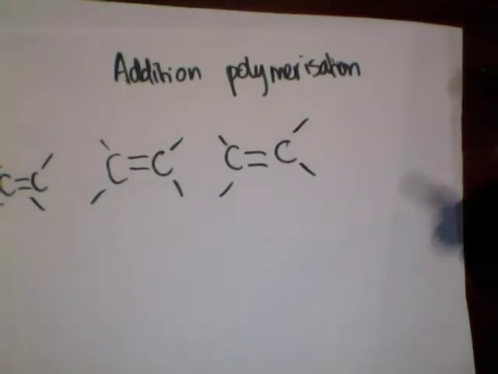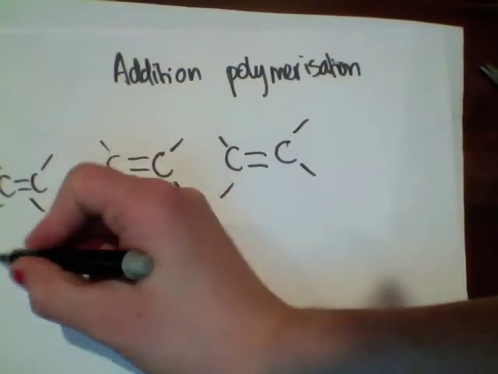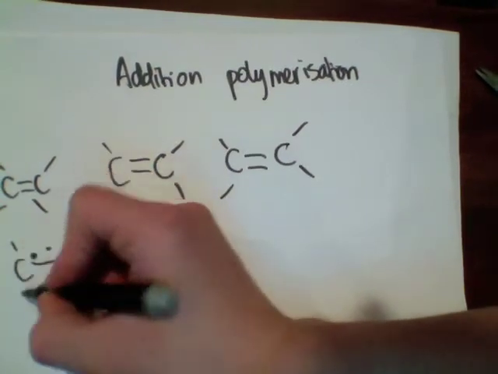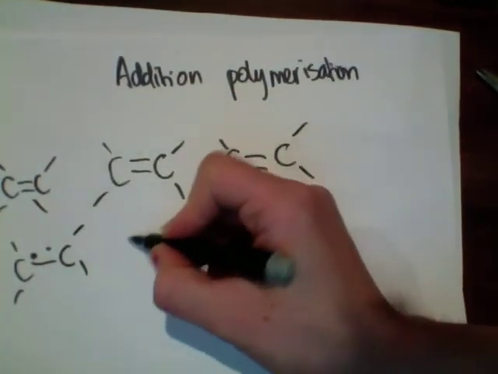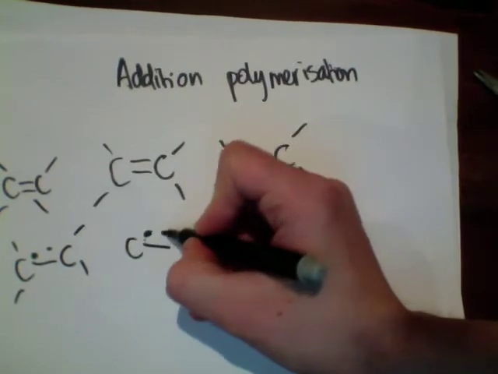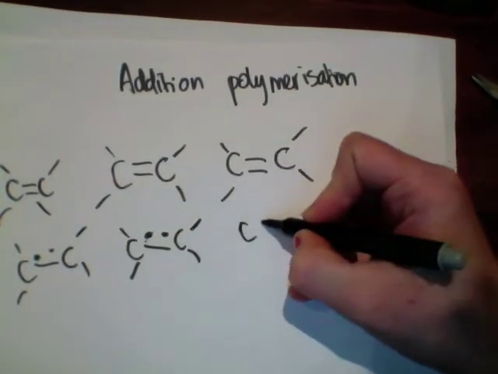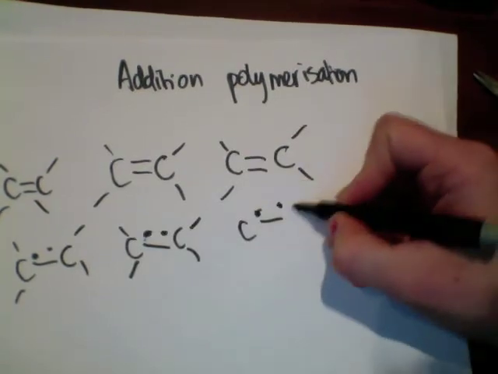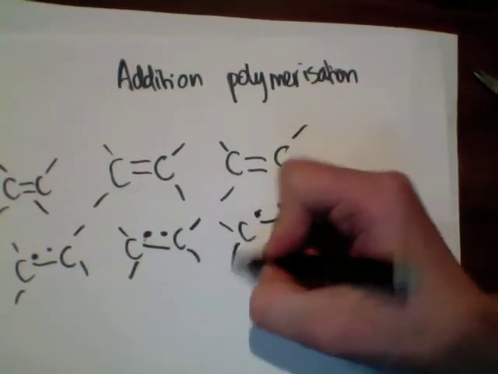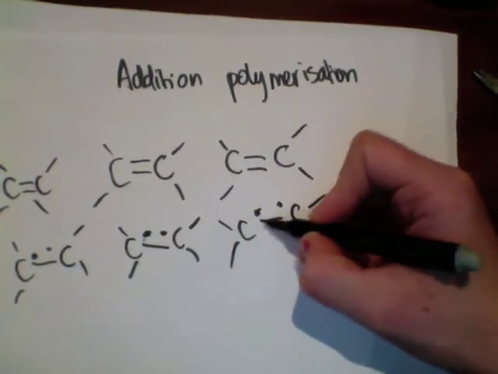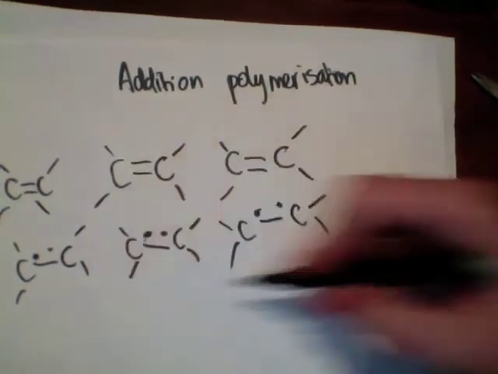Randomly, we might get the bonds breaking to form 3 separate free radicals. Just might happen sporadically. The bond just breaks. See how the electrons initially were bonded together, but they break.